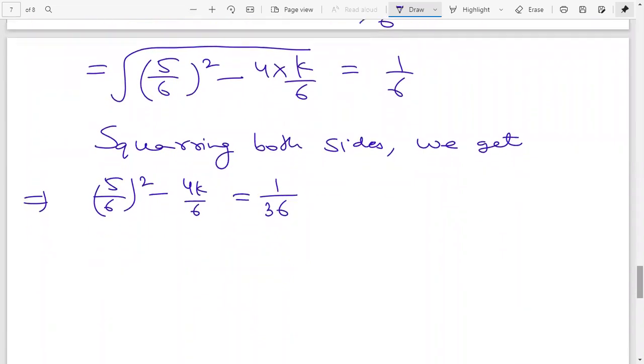So we can simplify the values to get the final result. This will be 25 by 36, because 5 square is 25.